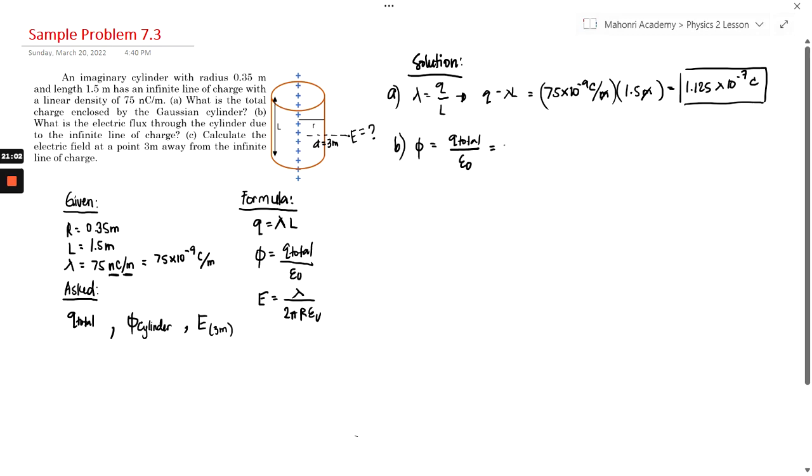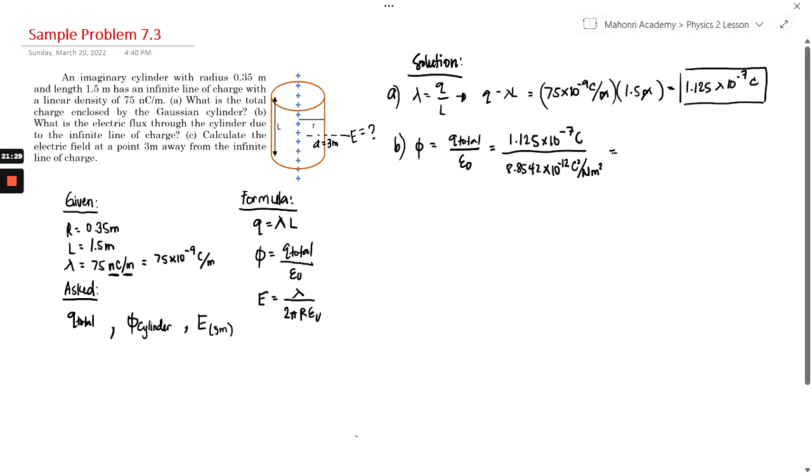And the Q total here is the total charge found inside our cylinder, which is 1.125 times 10 raised to negative 7 coulombs, divided by the permittivity of free space, which is 8.8542 times 10 raised to negative 12 coulomb squared per newton meter squared.